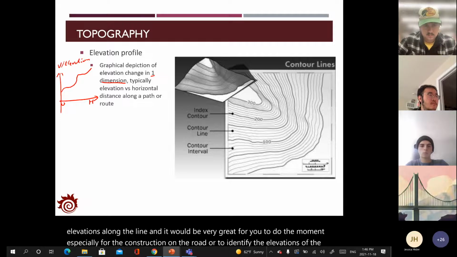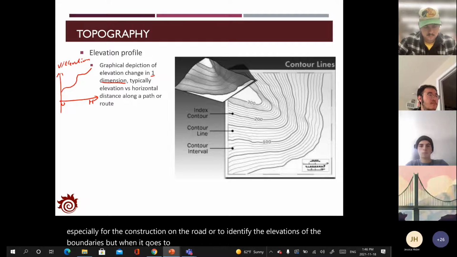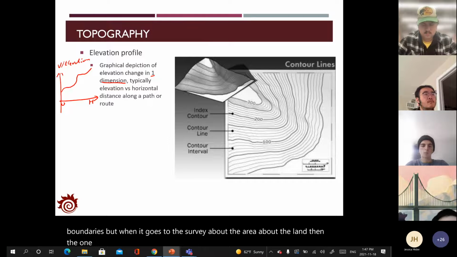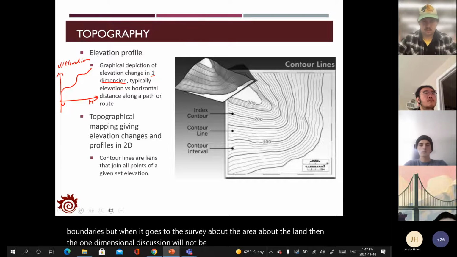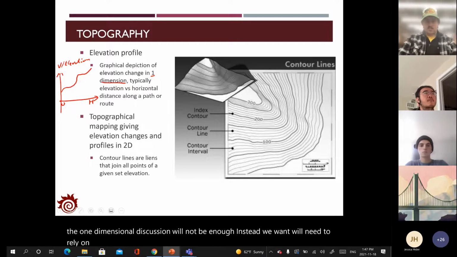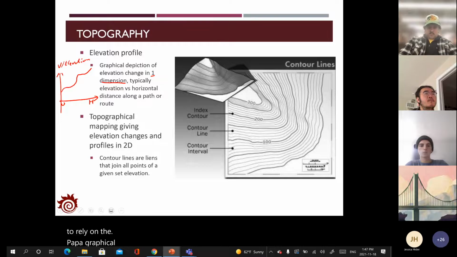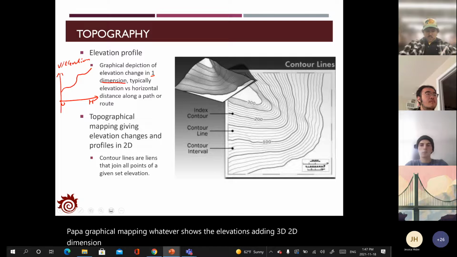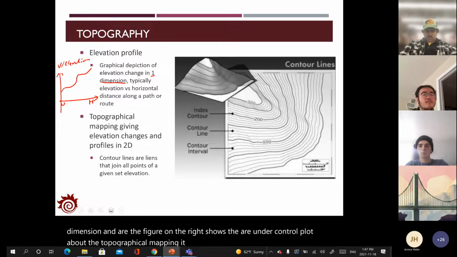But when it comes to a survey of an area, of land, a one-dimensional description will not be enough. Instead, we need to rely on topographic mapping, which shows the elevations in 3D at a 2D dimension, and the figure on the right shows the contour plot of a topographic map. It shows the elevations at any location in the area.